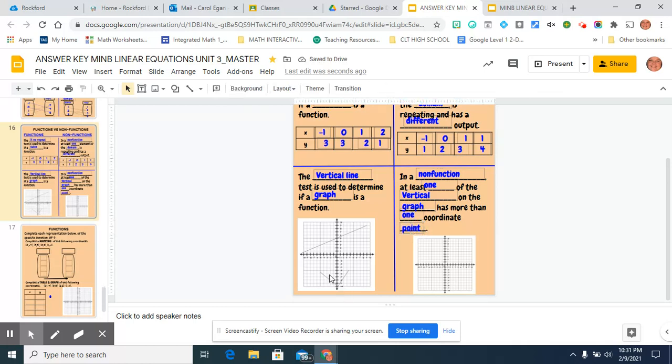So imagine if we took this V that's facing upwards and we made it face sideways. Here, this would be a non-function because I can clearly see that if I looked at just this axis, it would have a point here and a point here. If I looked here, it has 2 points, right? So I would not be able to pass the vertical line test.